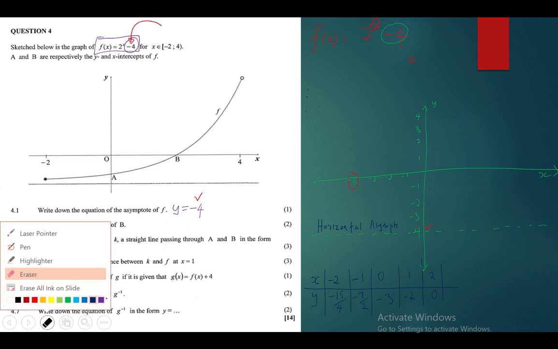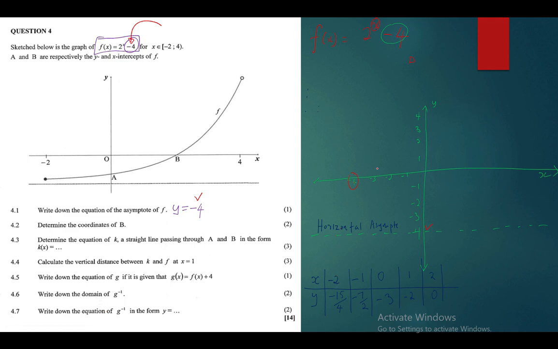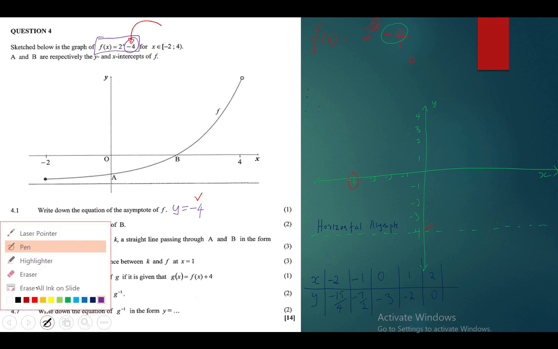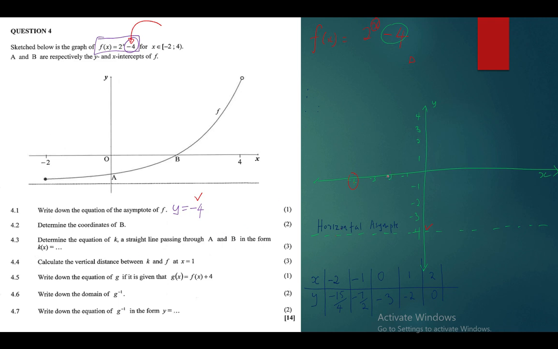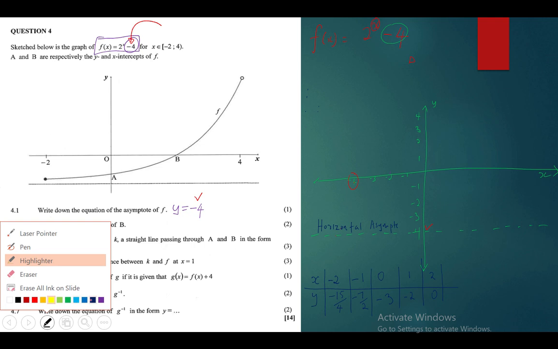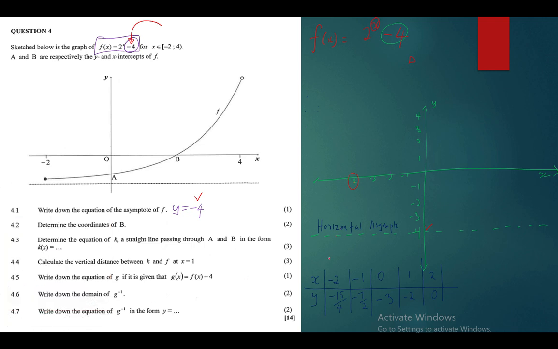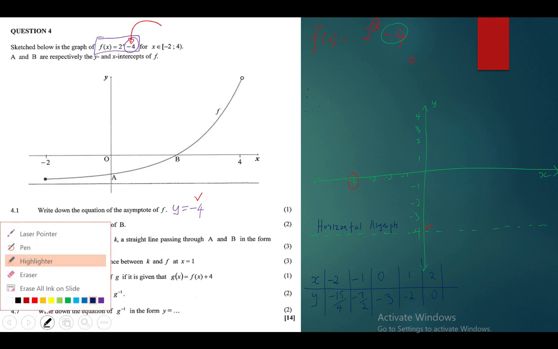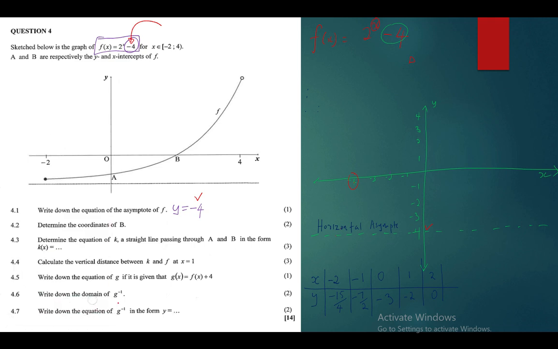You come to your table, you say, when x is negative 2, it is somewhere here, negative 2. When x is negative 2, y is minus 15 over 4. What is minus 15 over 4? It's 4, 8, 12. I know it's negative 3 comma something. You will press your calculator.